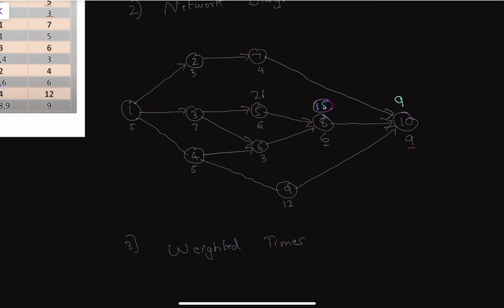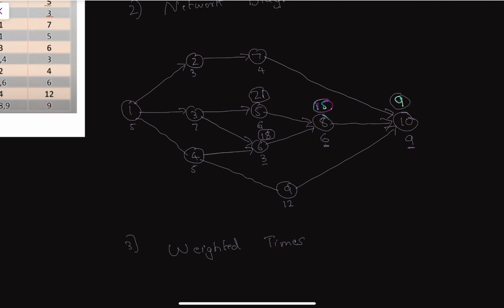For node 6, it will be 3 plus 6 plus 9, so it will be 18.